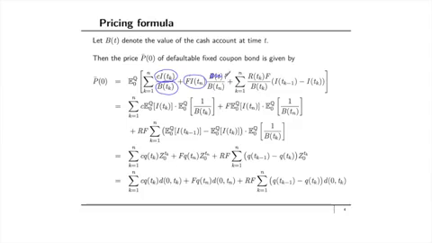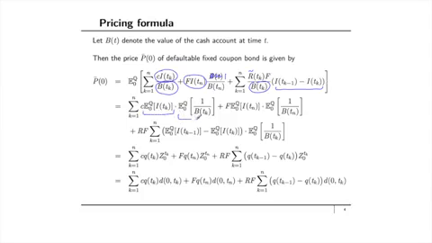R tilde Tk times F is going to be the random cash flow associated with the recovery at time Tk, so it's discounted by BTk, but this extra variable says that the default occurs at time Tk. Now we have assumed that the default is independent of the interest rate dynamics. So the first expectation, I can split it up into two expectations. This expectation is the expectation of the default.